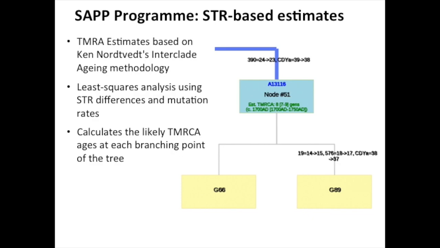And you can see here that the nodes in Dave's SAPP Programme trees are written down here in green. The TMRCA is 8 generations within a range of 7 to 9, giving an approximate date of 1700 AD for the birth of that most recent common ancestor at that dating point, within a range of 1700 to 1750.